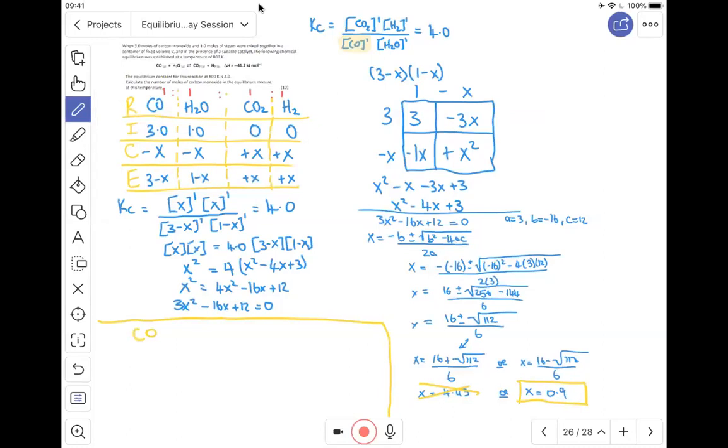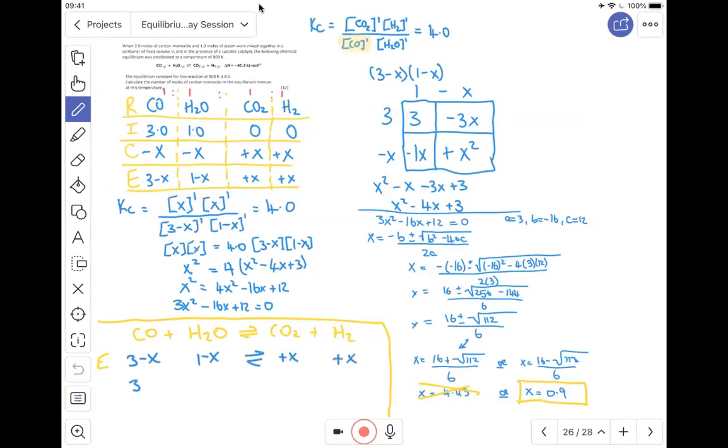I would have CO, H2O, CO2, and H2, like that. And I know that at equilibrium, I have 3 minus x, 1 minus x, plus x and plus x.